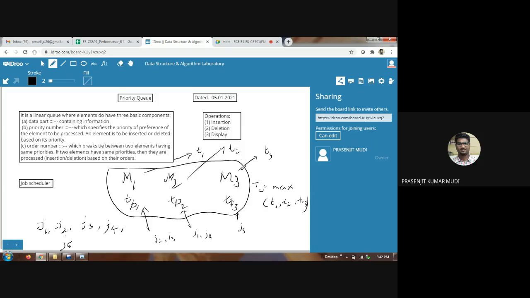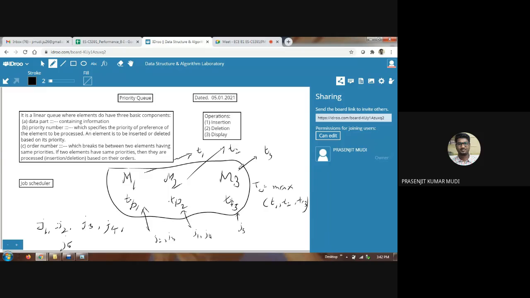So it's a parallel architecture, not a serial one, and most modern-day computers have a parallel architecture. This max of T1, T2, T3 gives us the actual completion time, which defines the processing speed of the overall computer.